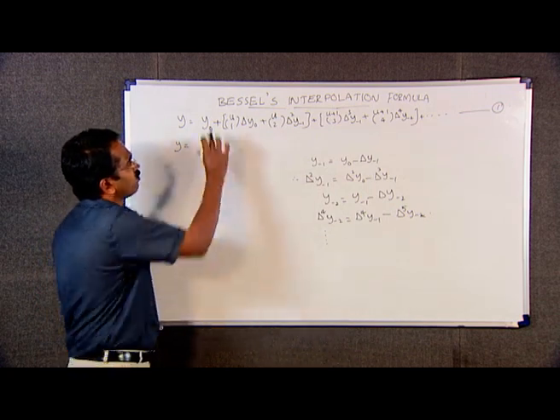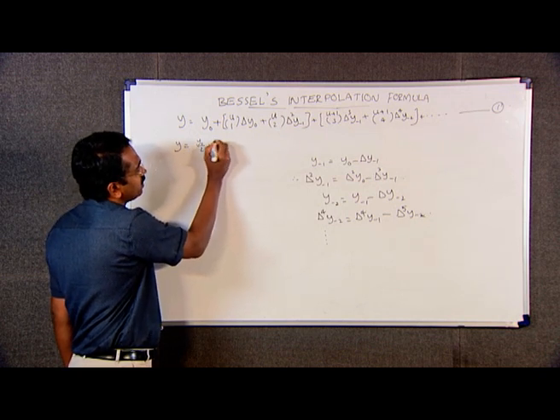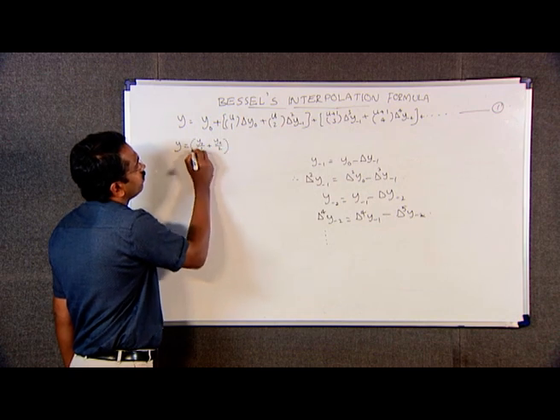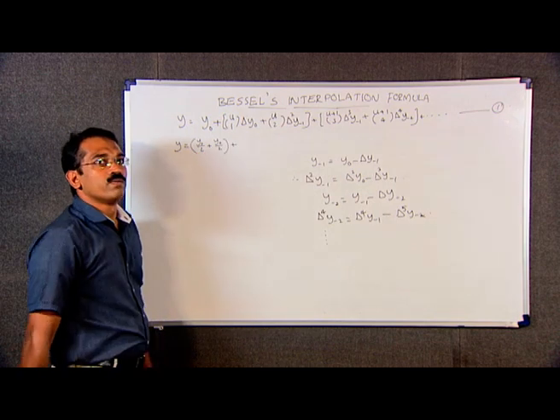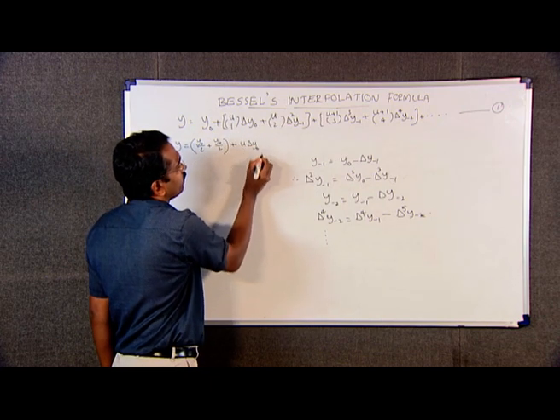We split this y0 into two equal parts, y0 by 2 plus y0 by 2, plus u C1 means u into delta y0.